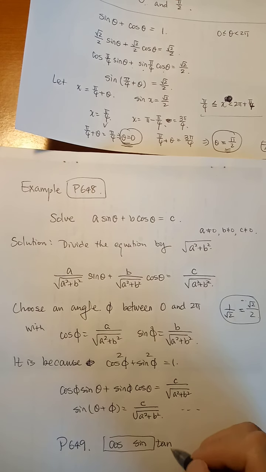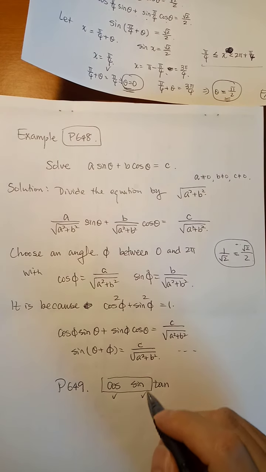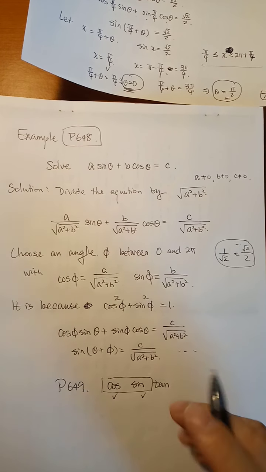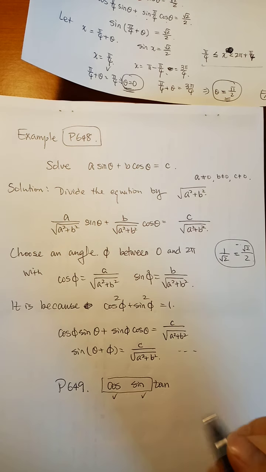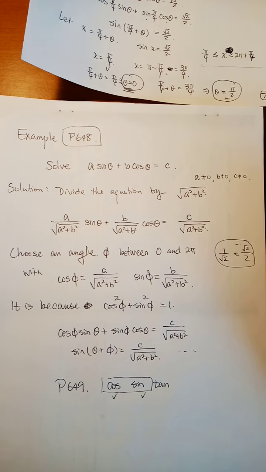We don't require tangent. You know it is there, and that's enough. In the exam, I require this and this. Of course, the formula for tangent is also for your knowledge and research, but in my exam, we don't require it. Okay?